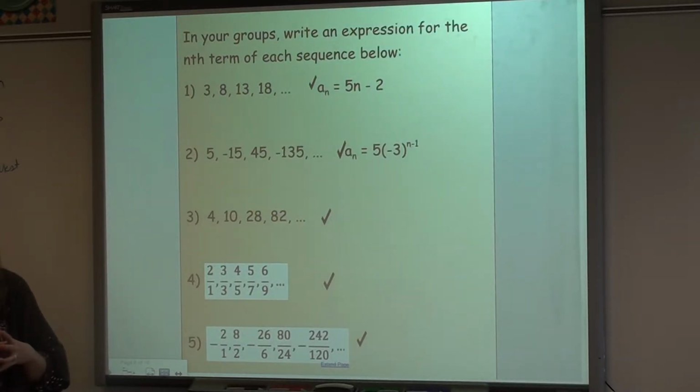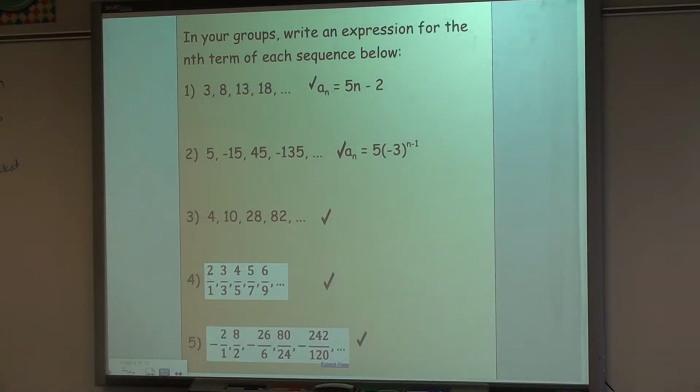Anyone figure out 3? Taryn, what'd you get? I got 4 times 3 to the n minus 1 minus 4 times n minus 1. Like that?